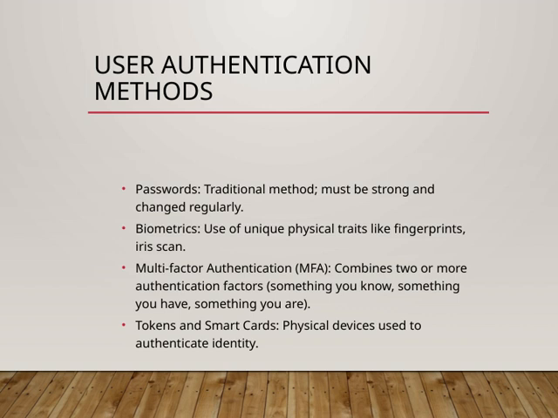These are physical devices that you use to authenticate your identity. Think of a security token or a smart card as a key that grants access, adding another layer of protection beyond just a password or biometric. All of these methods play a vital role in our overall security strategy, especially as cyber threats become more sophisticated. Combining them wisely helps us protect sensitive information more effectively.